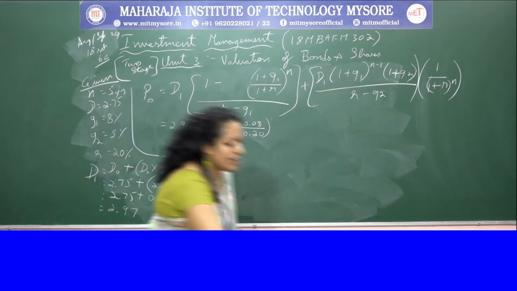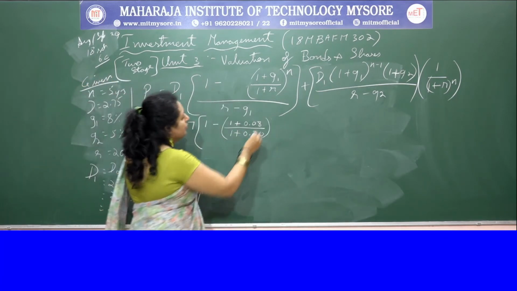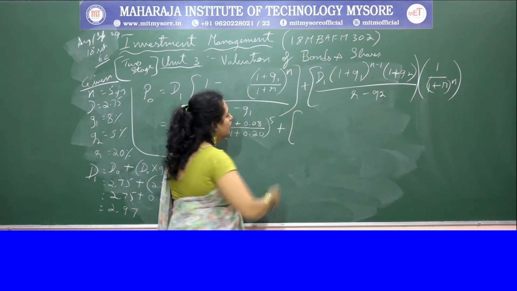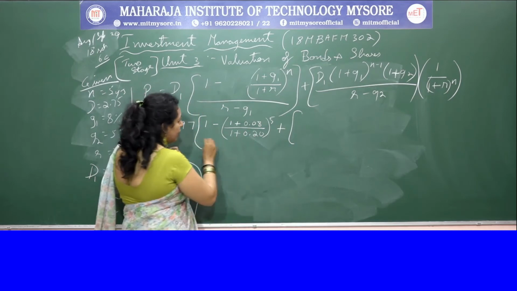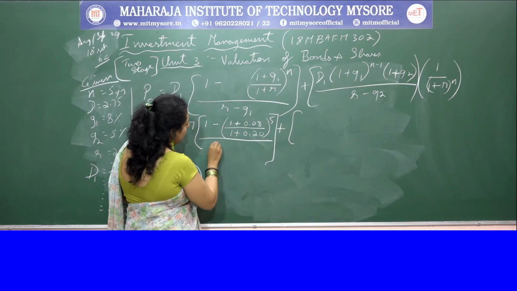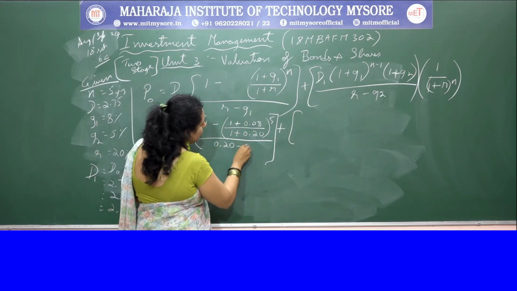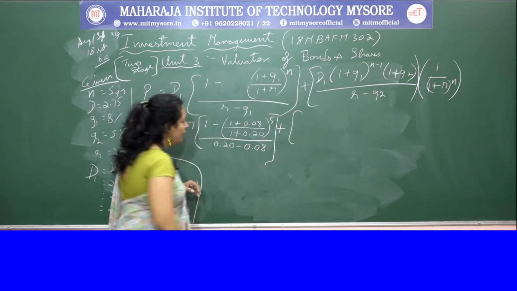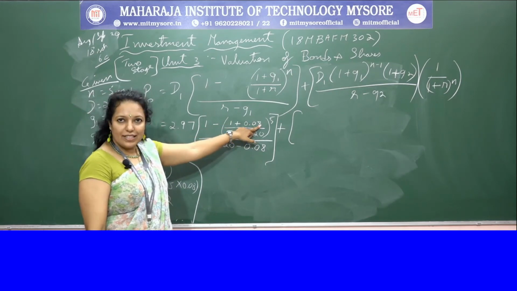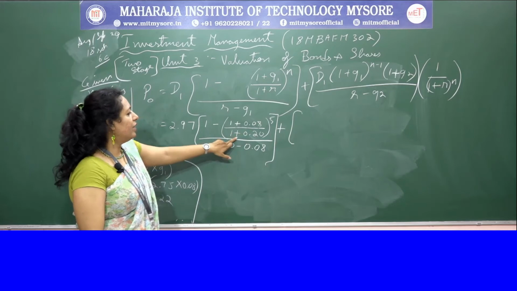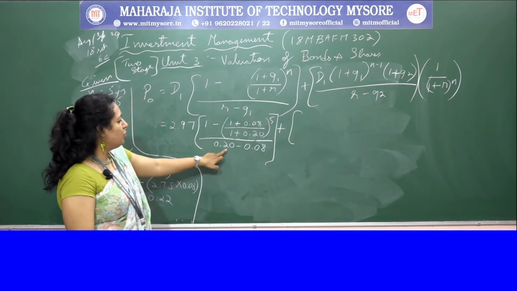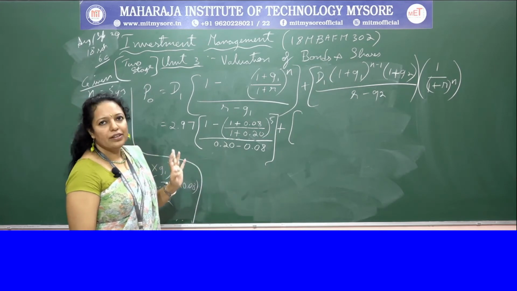Okay, plus next, I have to continue this: 1 minus (1 plus 0.08, that is G1, divided by 1 plus 0.20) to the power of 5, whole divided by 0.20 minus 0.08.